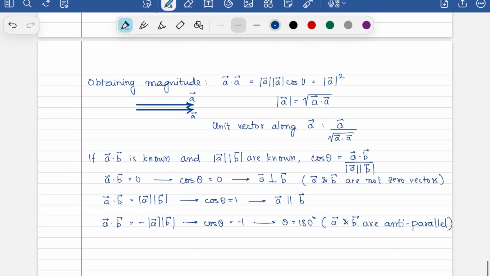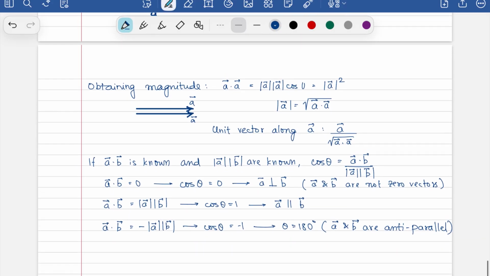Okay, so that was a lot of vector relations. Now let's make use of this in the sense of using reference frames.